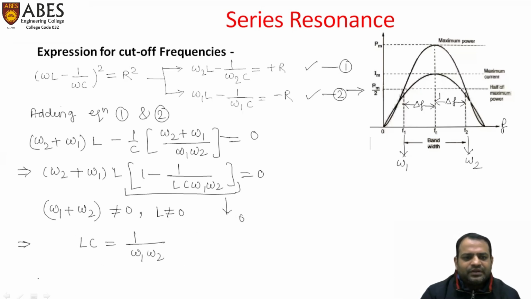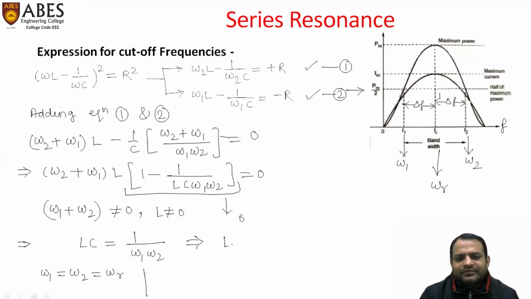So if omega 1 is equal to omega 2 is equal to omega R, the angular frequency at resonance, then LC is equal to 1 upon omega R square.